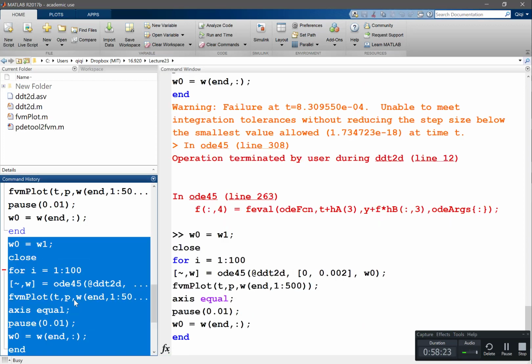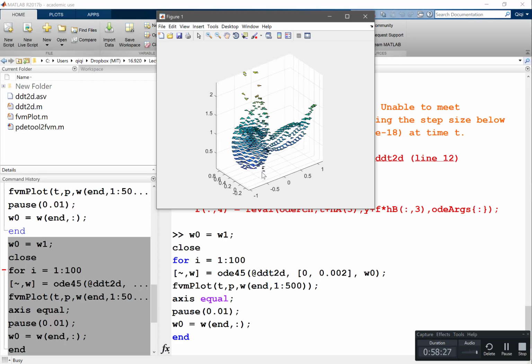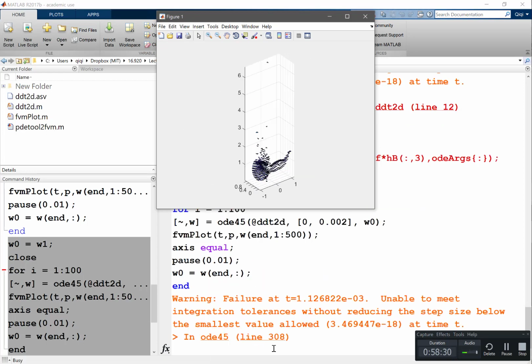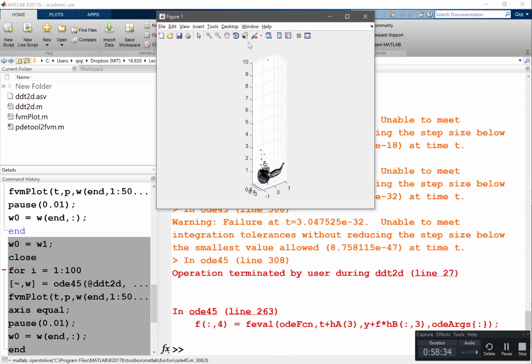Evaluate selection. Oops. This time I get a solution that's extremely high over here. Okay.